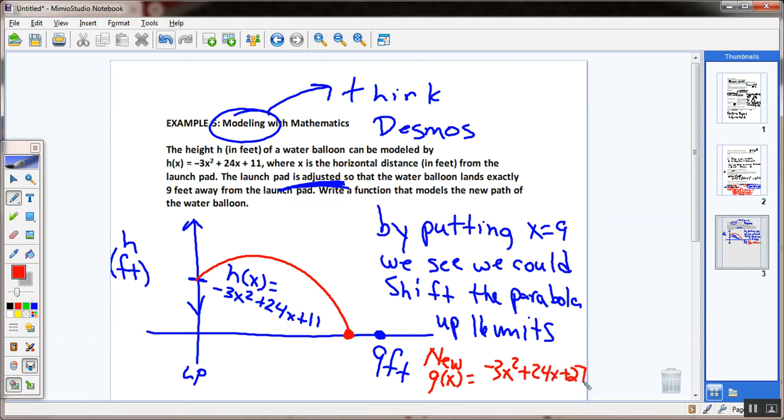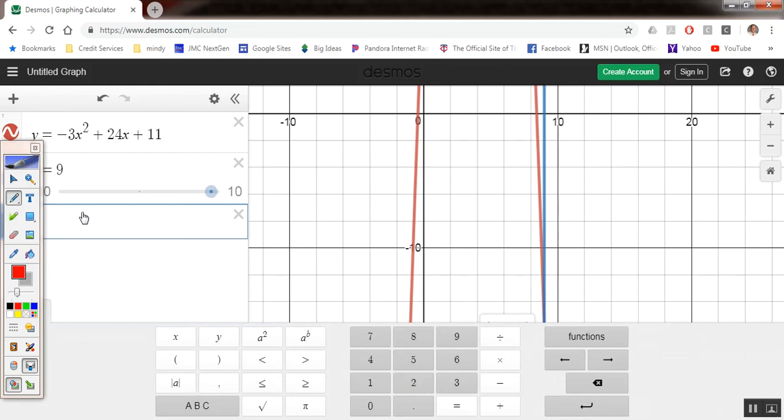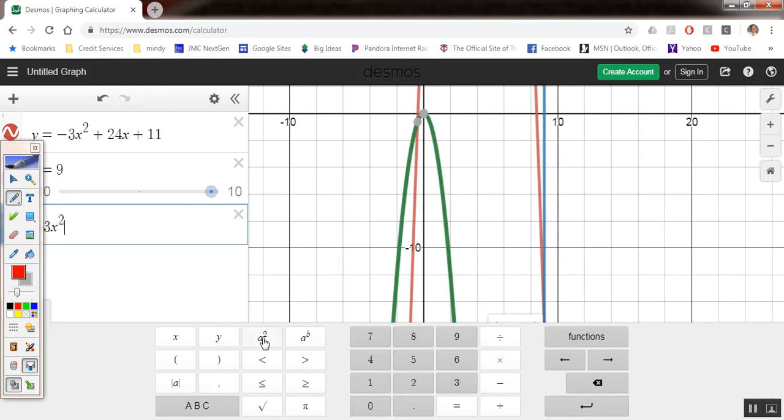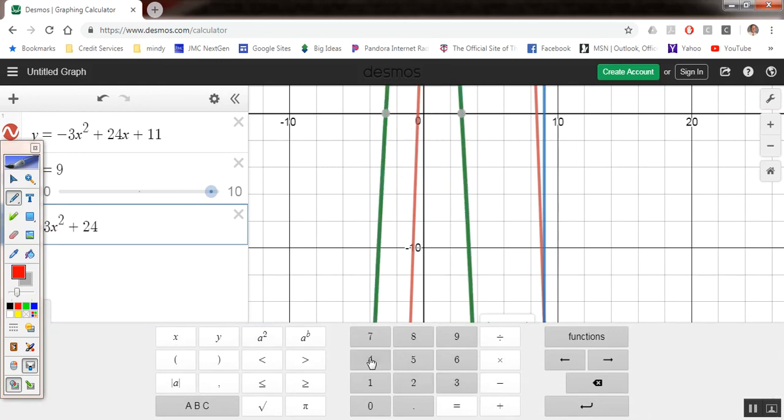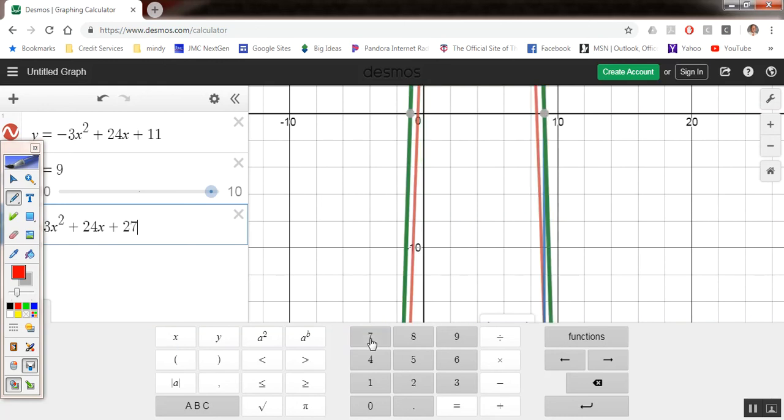So we're going to adjust this up. Let's just check this out, kids. What was it again, Shirk? Plus 27? Yep. Here's my green graph now, kids.